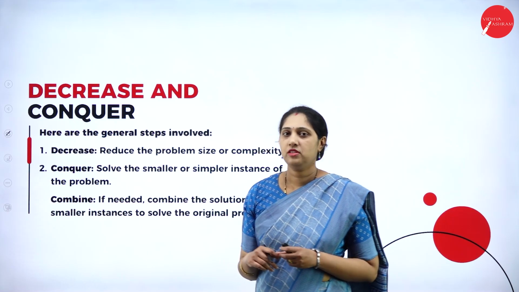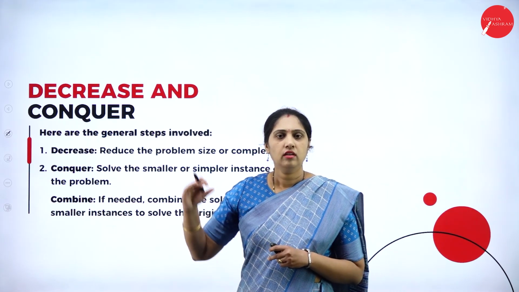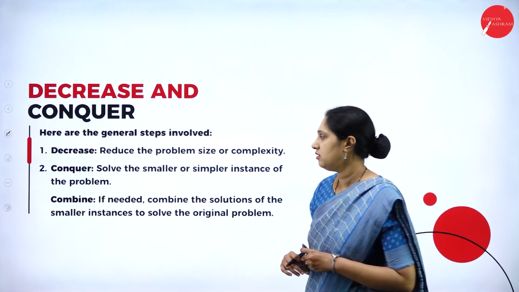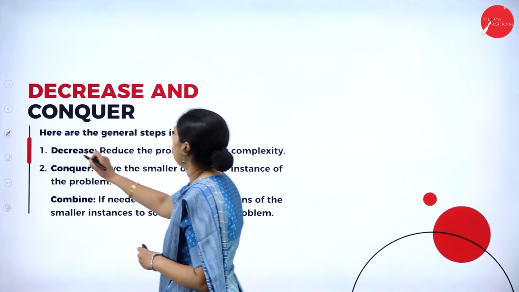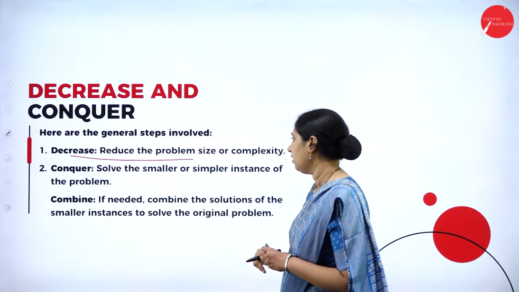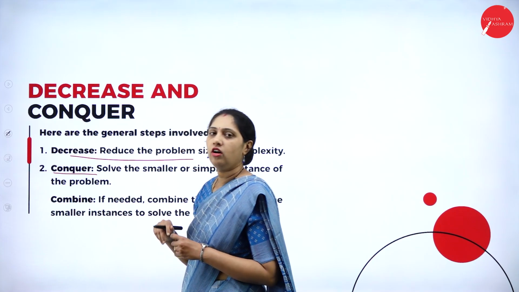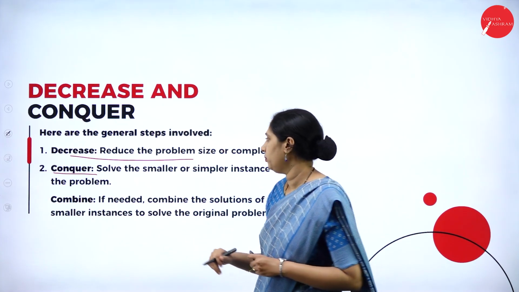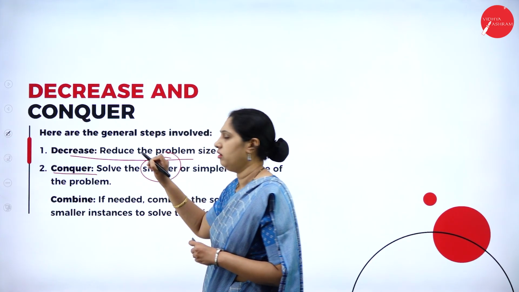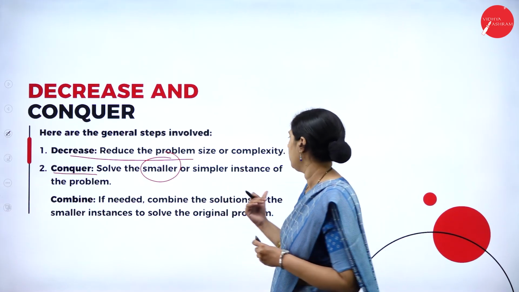So what are the steps involved? If we understood what is decrease and conquer, now it is time to see the steps. Decrease, we discussed, means we reduce the problem size. Then we conquer, which is to solve the problem. We have decreased, so the problem is smaller for us.